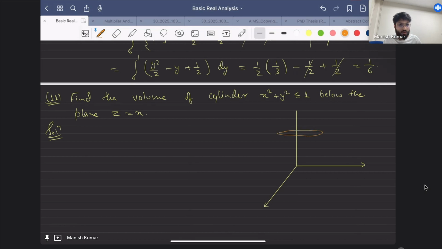So z is varying from, let me say, so this radius is 1, and this is varying in the whole z axis. This is how this cylinder looks.